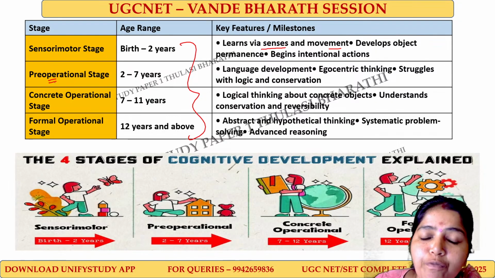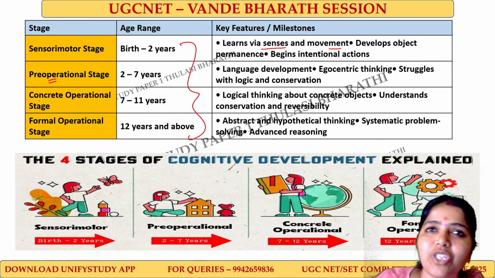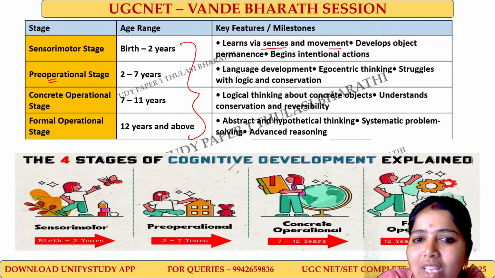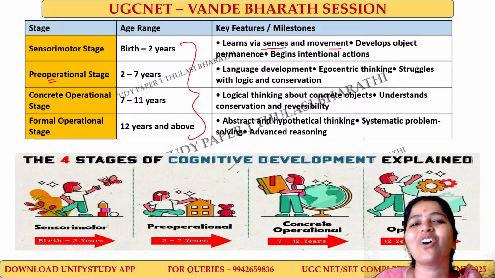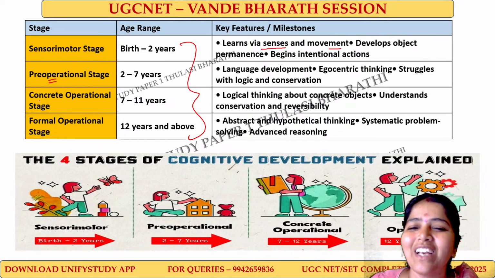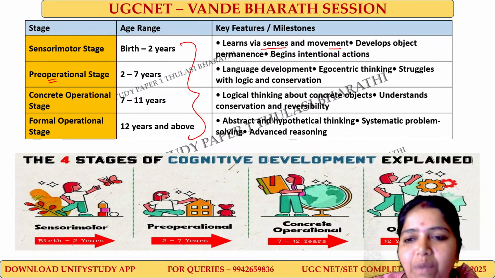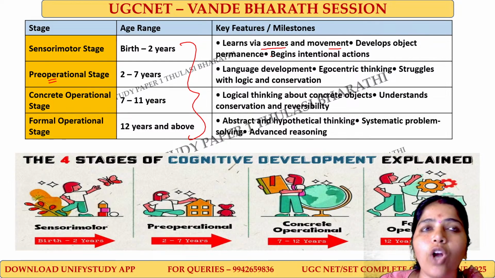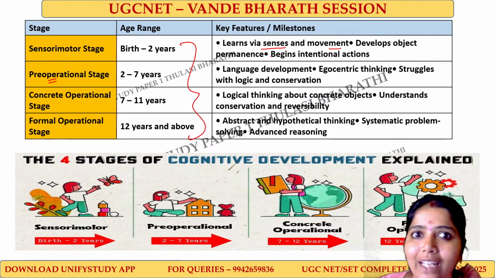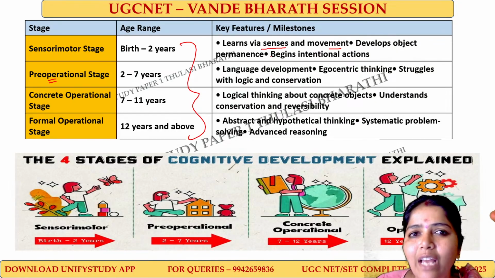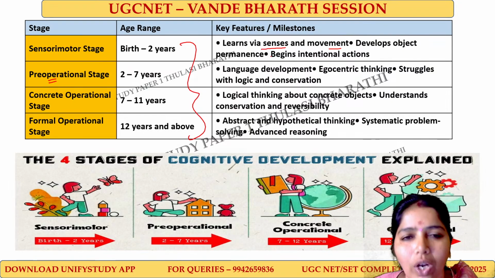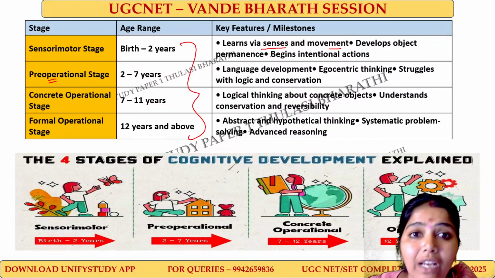And then pre-operational means, imagine a child in your home between 2 to 7 years old, who will be very egoistic. Whatever they say, it is right for them. Their language will be developed at that age, and they will not be able to understand logic. But when they move to 7 to 11 years, they are able to understand the logic behind the concepts which we explain or which is happening around their life.